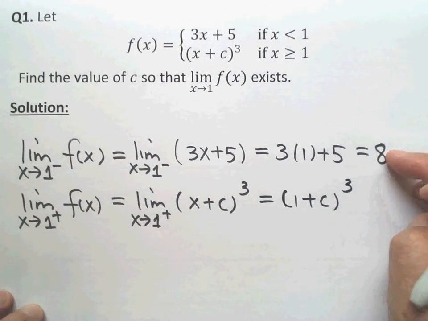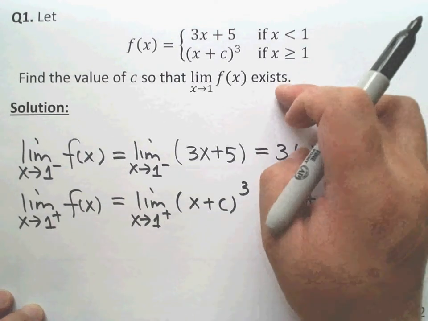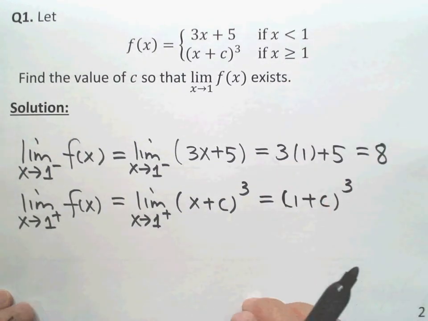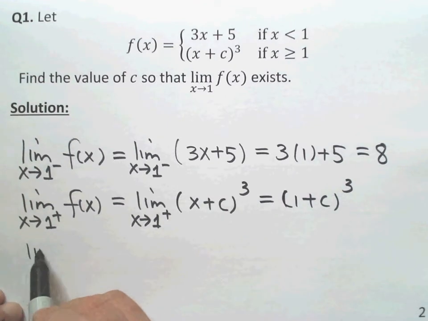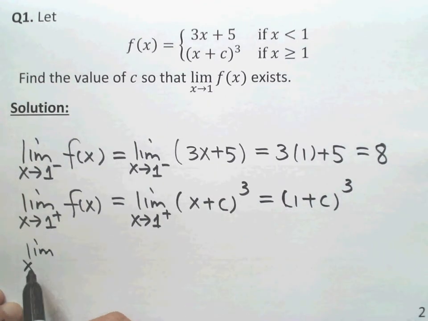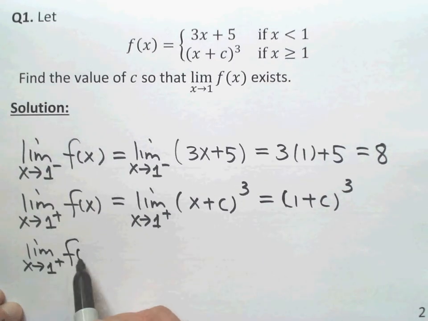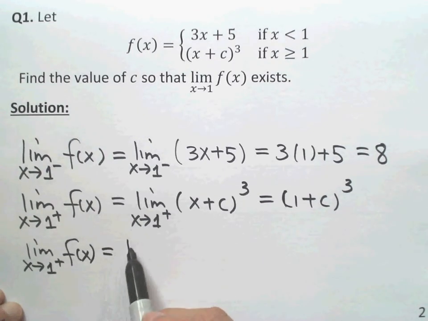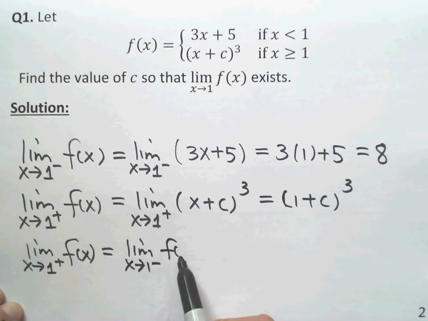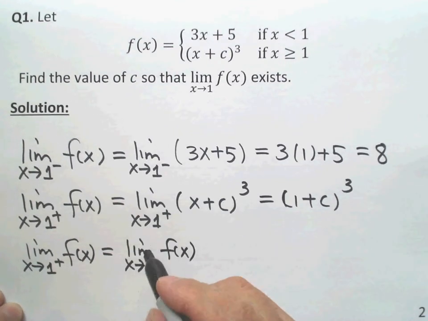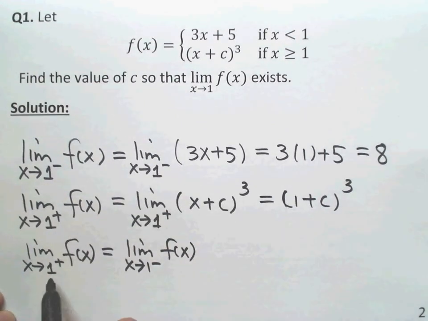Good. We found the left-hand limit and the right-hand limit. Because the limit exists, these two are equal to each other, right? The theorem tells us the right-hand limit should equal the left-hand limit, and then we make an equation to solve.